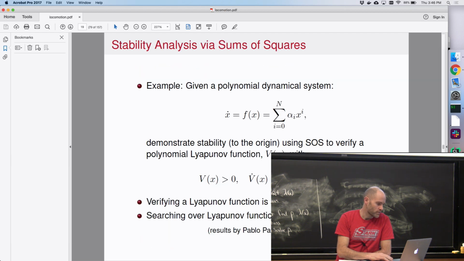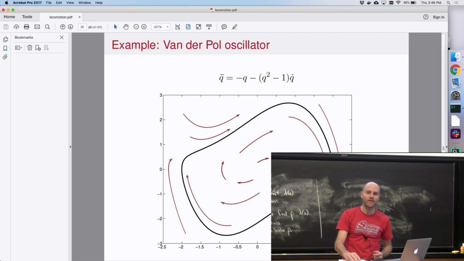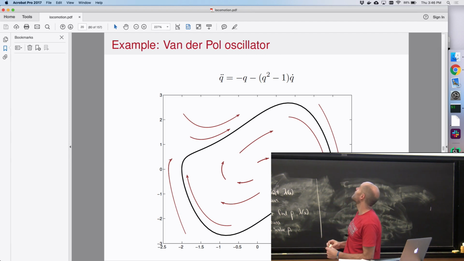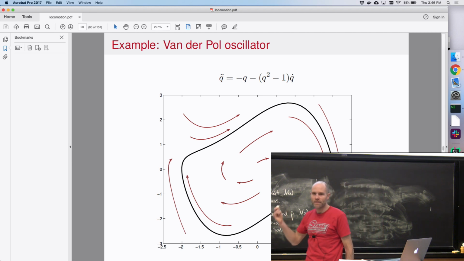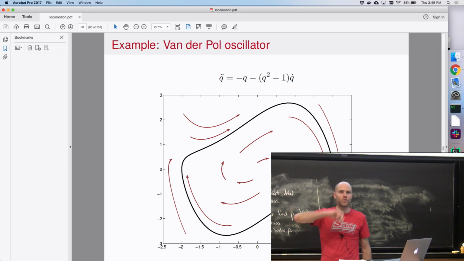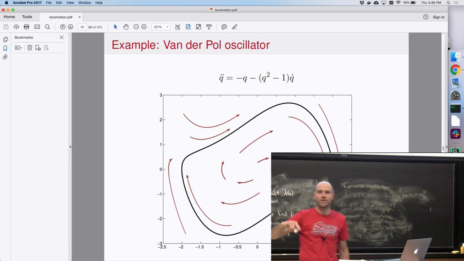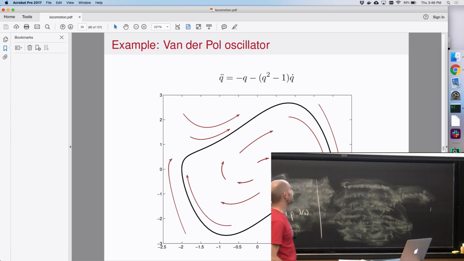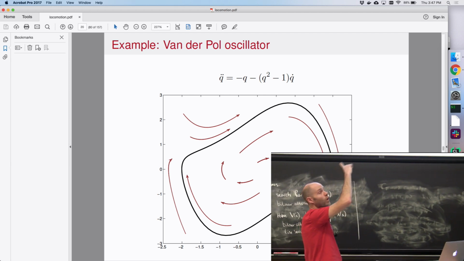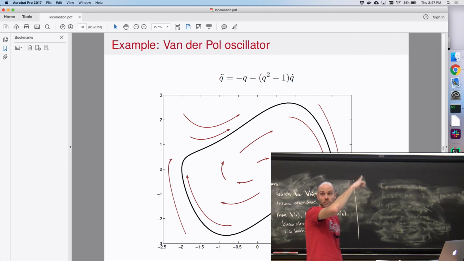Okay, here's one of my favorite region of attraction problems. You remember the van der Pol oscillator? It was one of the phase portraits we drew early. It's this nice vector field that oscillates. So if I simulate the system, all trajectories go up to that limit cycle.